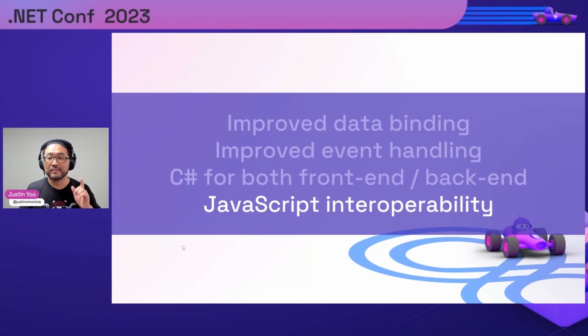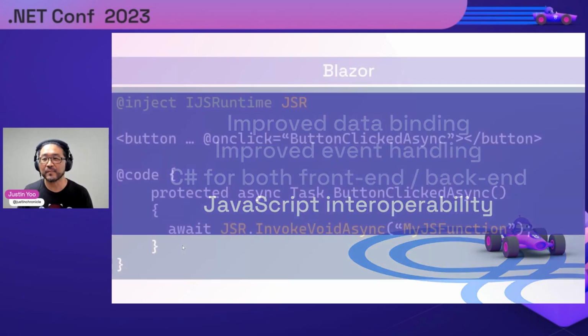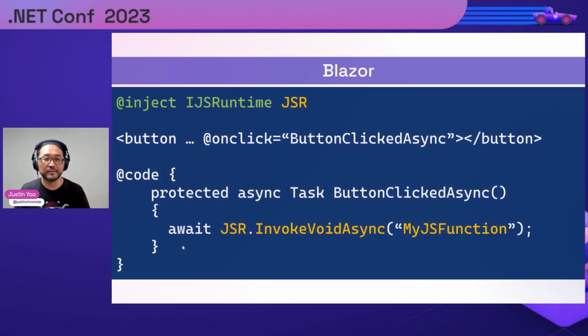How is this happening? It's called JavaScript interoperability, or JS Interop. Interoperability brings us a seamless development experience, as if both C# and JavaScript are working as one. So back to the previous code, and I put the IJSRuntime at the top for the JS Interop capability.